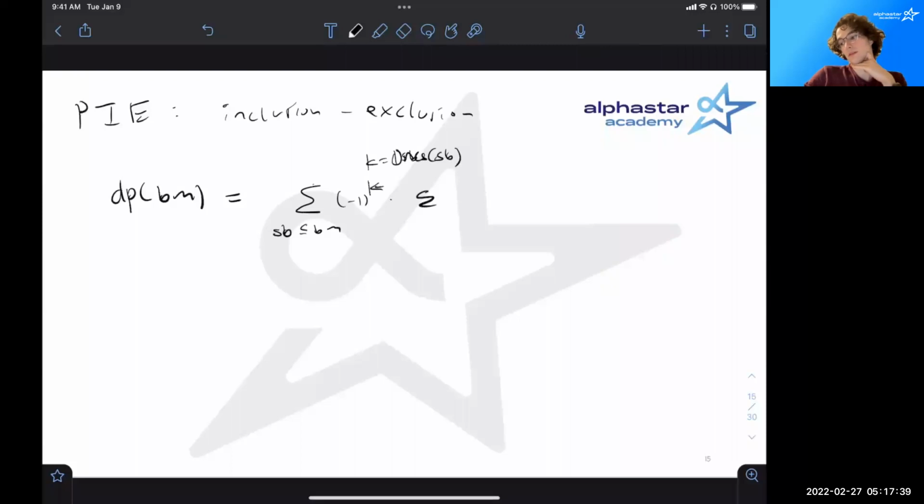Like the sum of the number of rearrangements in SB. You take the number of arrangements of everything, you subtract the number of arrangements for every subset of k minus 1.